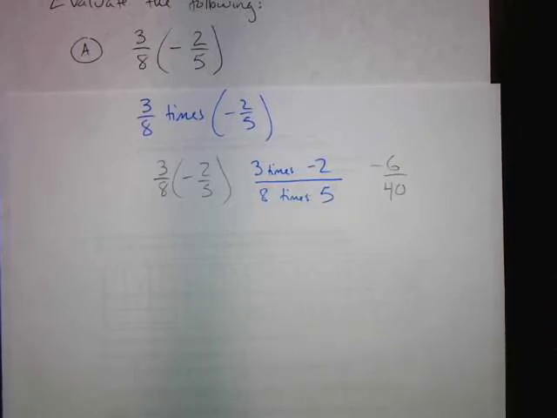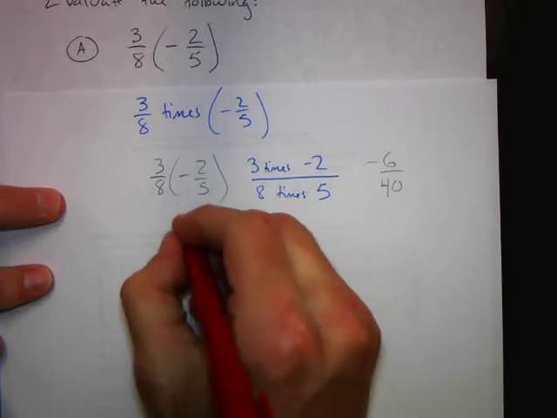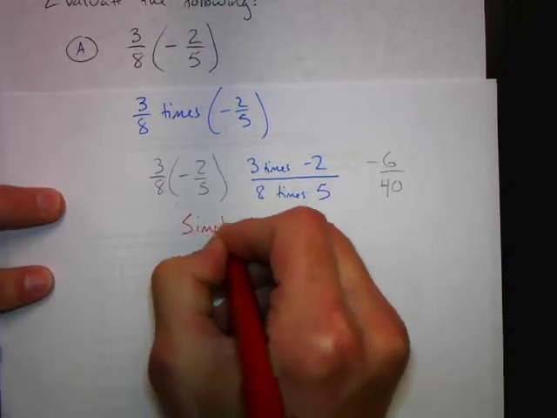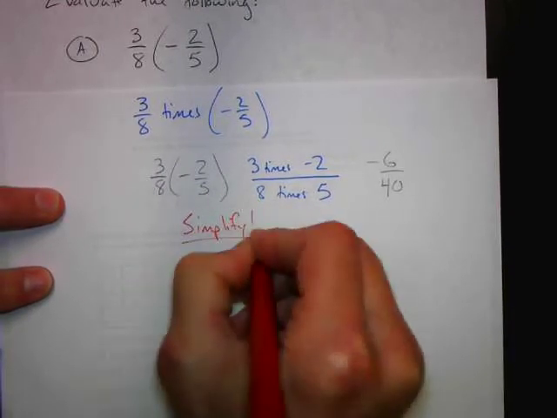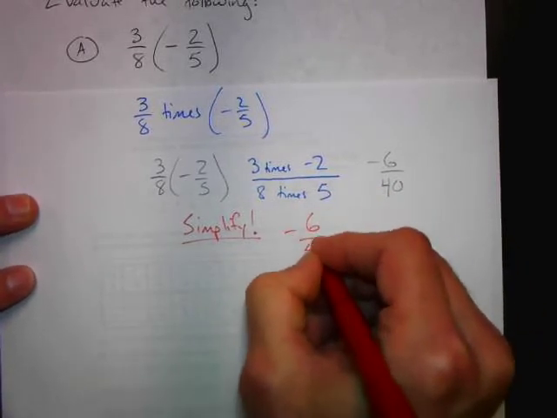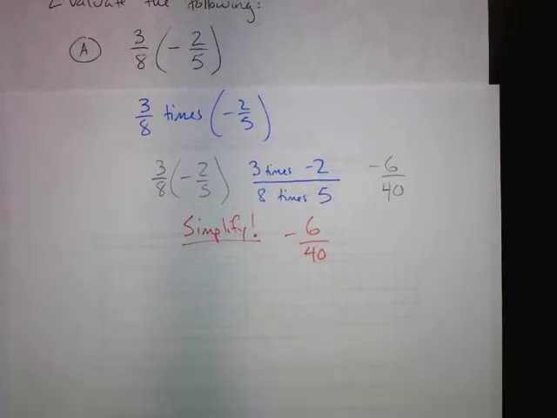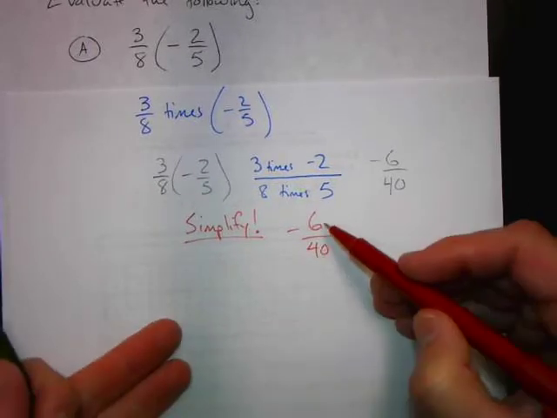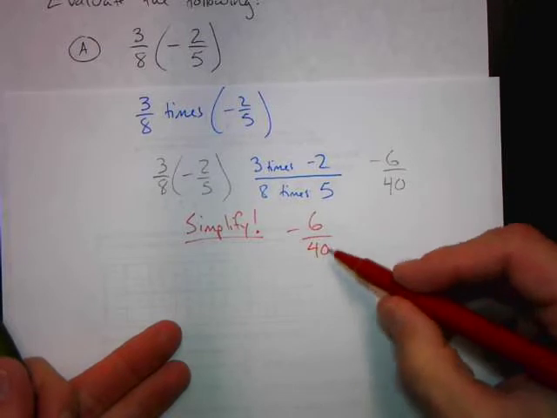But now we get into a trickier thing. We get into simplifying fractions now. We have to simplify our fractions. And so how in the world can we simplify -6 over 40? We have to think, is there a number that can divide into both 6 and 40?